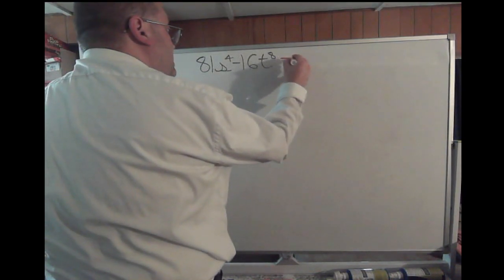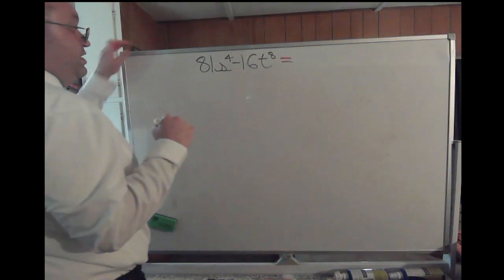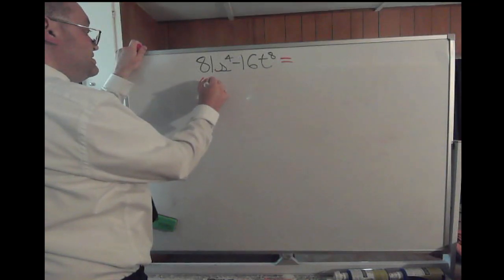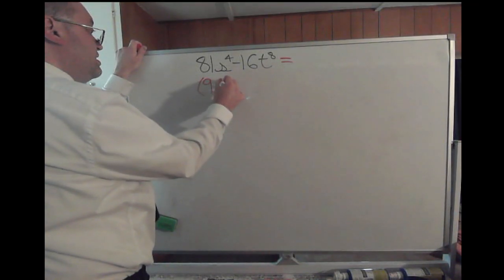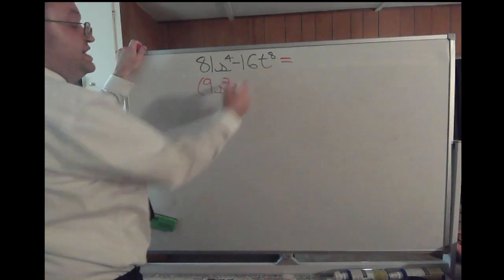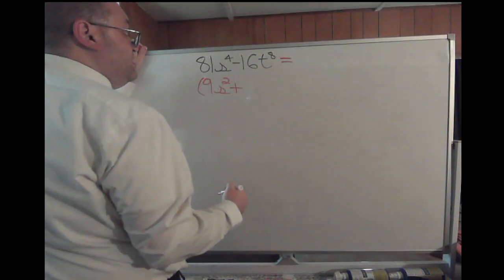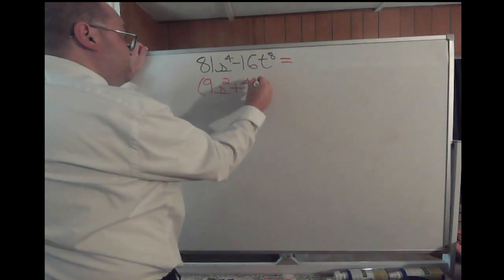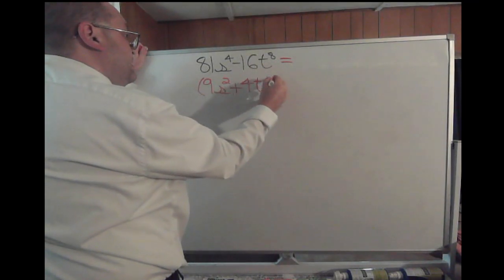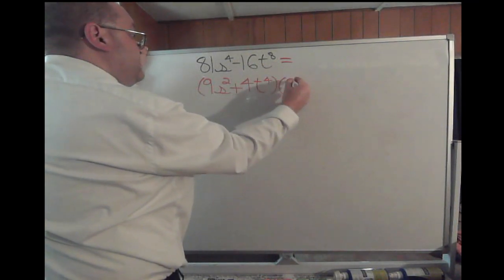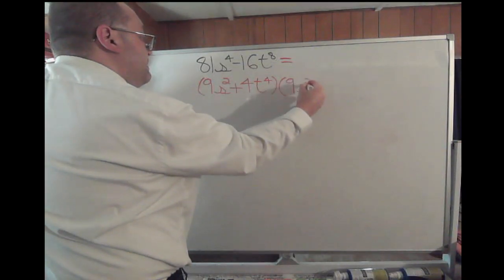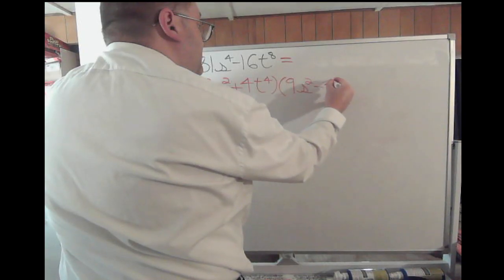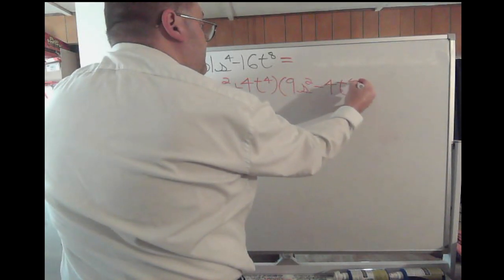Well, what we can do here, we still take the square root of 81s to the fourth, that'd be 9s to the second, plus the square root of 16t to the eighth, which would be 4t to the fourth. That quantity times the quantity of 9s squared minus the square root of 16t to the eighth, which would be 4t to the fourth.